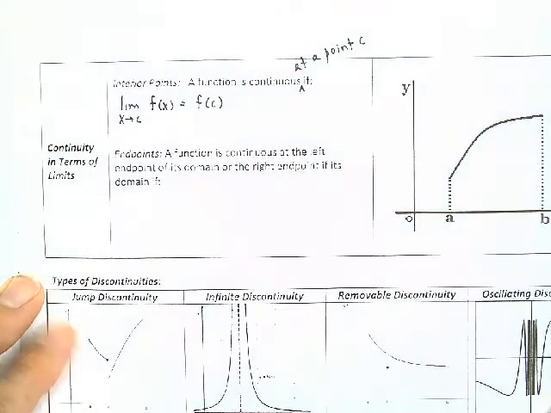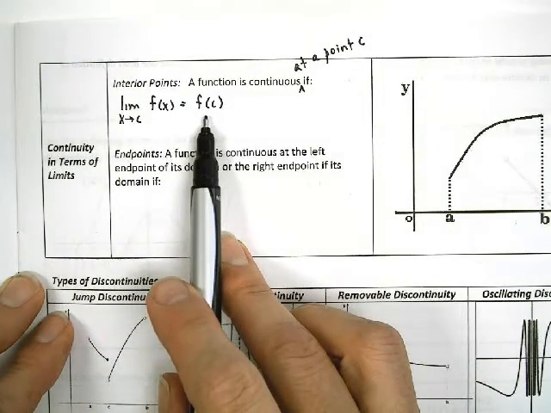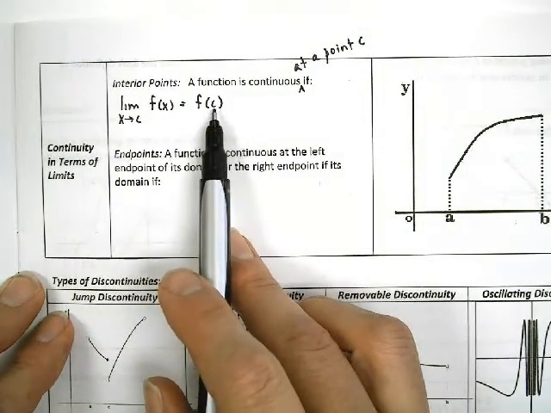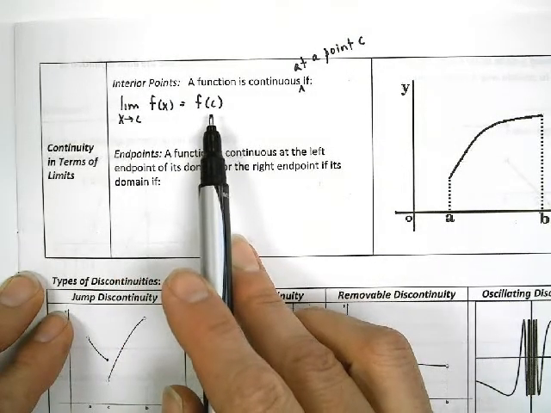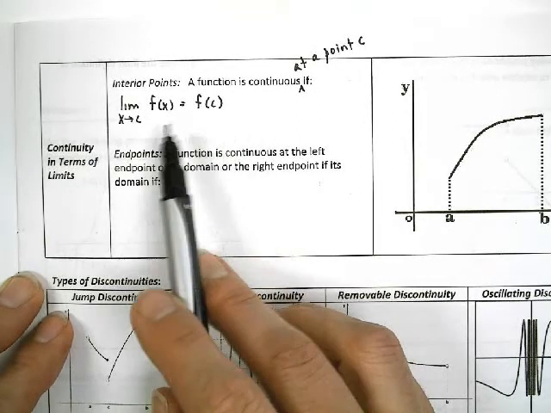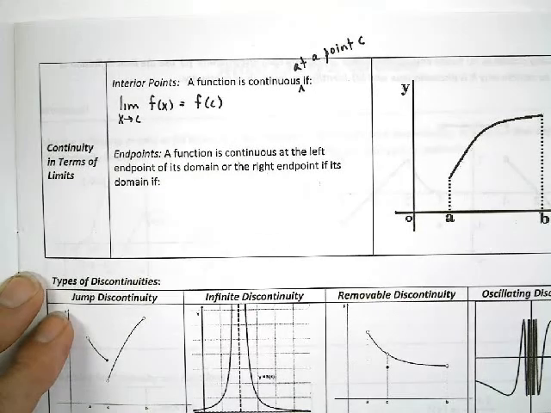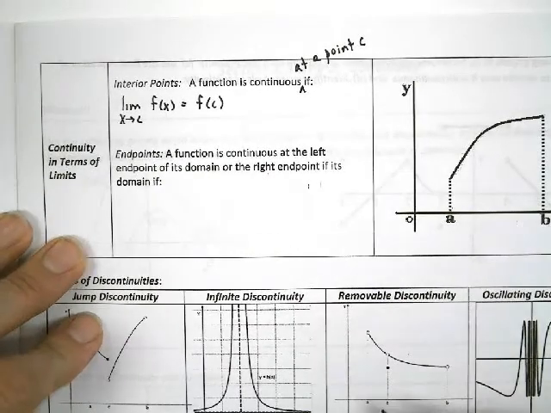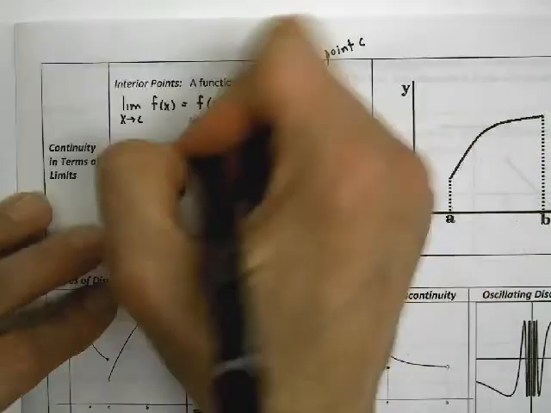So in other words, the limit as I approach that value is actually equal to the function value. Because you remember when we talked about limits, for this limit to exist, this value does not have to be defined or equal to the limit. But now when we're talking about continuity, that value of the function has to be the same as the value of the limit. And really what this means is it gives us 3 conditions for continuity at an interior point.